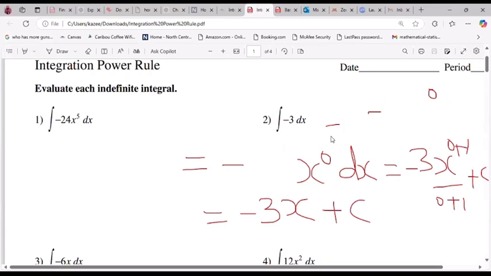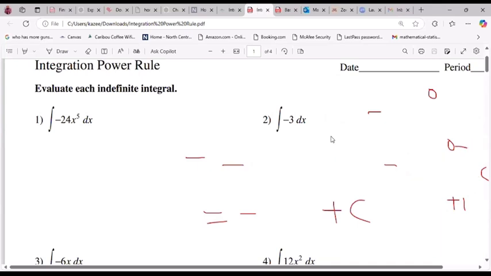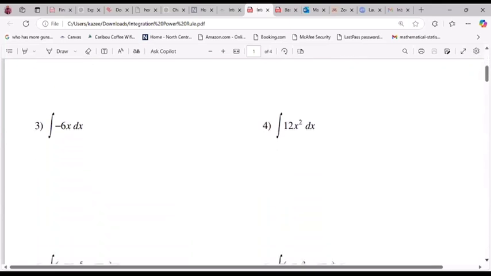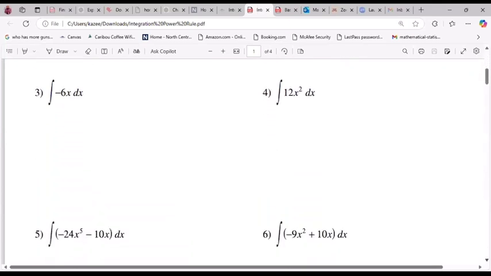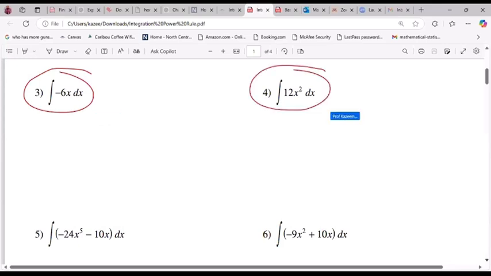If I want to go to the third problem now, don't forget that integration we also call antiderivative. So if I come to these two questions now, they're going to be easy. Take a look at question 3 and question 4, and you're going to solve them.